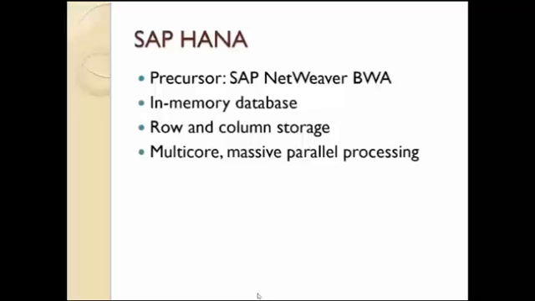So basically we can speed up the processing of queries with this separate software. And from the experience of developing BWA, SAP eventually developed a separate HANA product, which is much more powerful and useful nowadays.